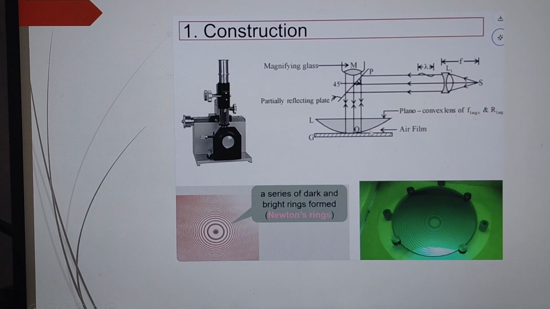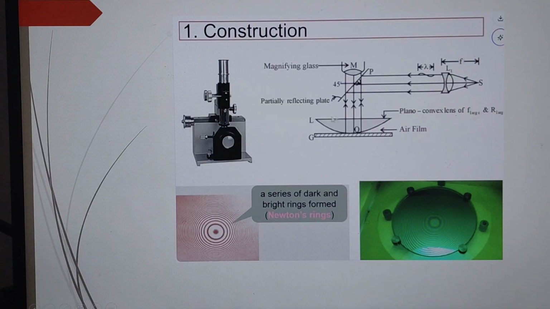Here is the air film and the interference pattern, and here is the source, the sodium vapor lamp. The light falls at 45 degrees on a plain glass plate, is partially reflected, and is directed onto the plano-convex lens.